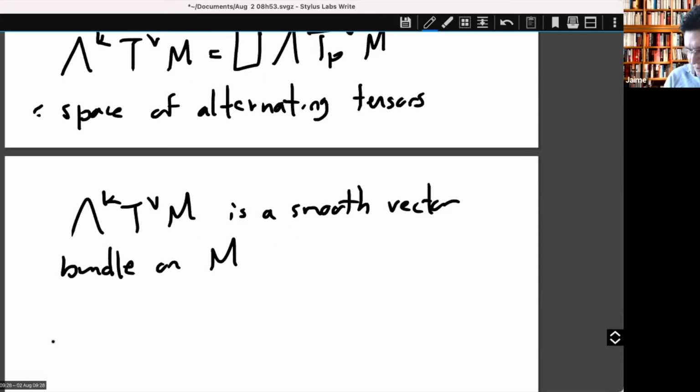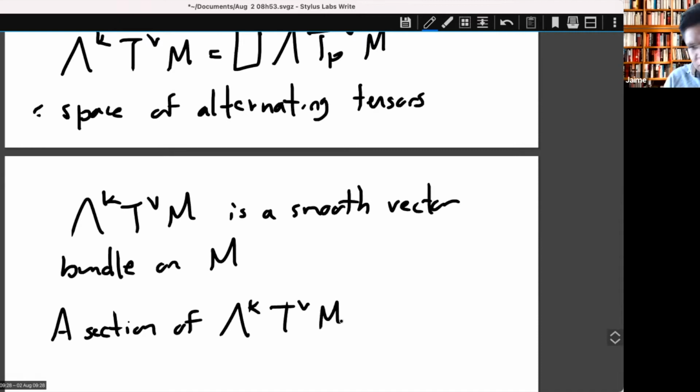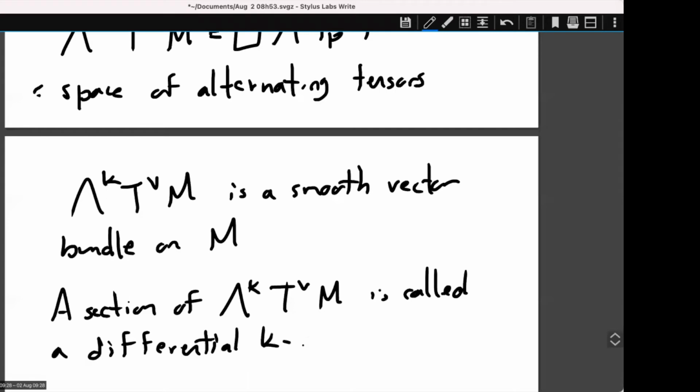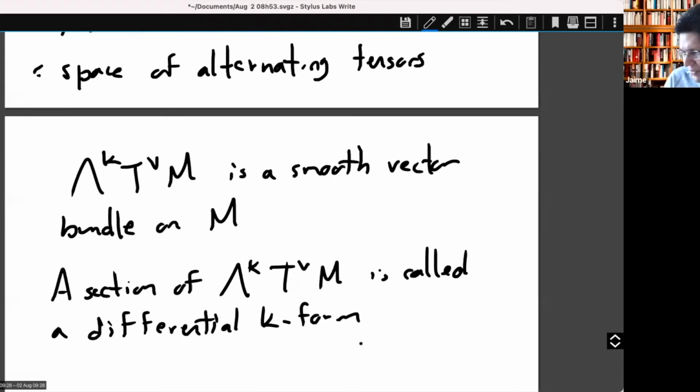So why did I introduce this? Because a section of this vector bundle is what is called a differential k-form. There are several names for this.